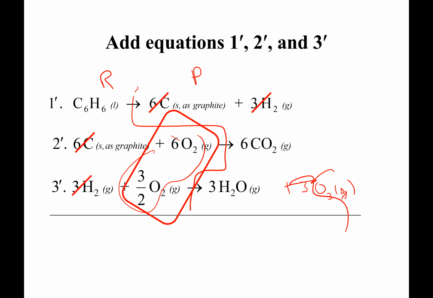Which seems weird, but chemistry is kind of odd sometimes like that. 15/2 is correct. So here we go. Since we combined the 15/2 together, we just bring down what didn't cancel. So C6H6 did not cancel. We have 15/2 O2, 6 moles of CO2, and 3 moles of H2O.